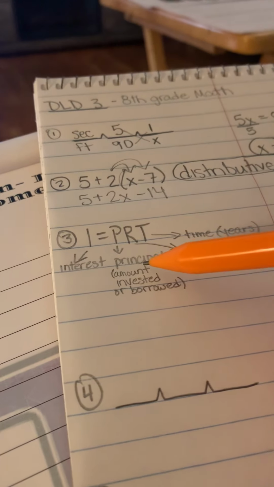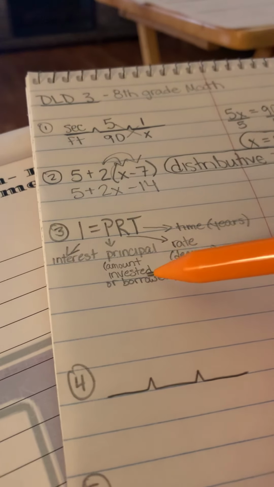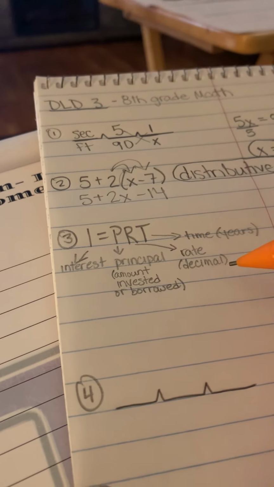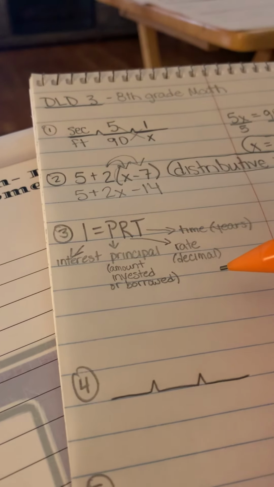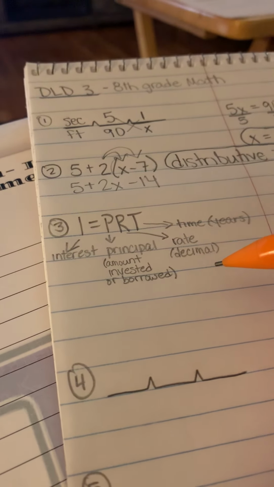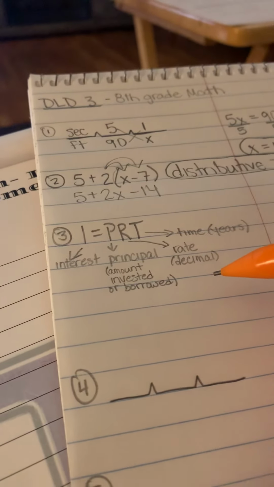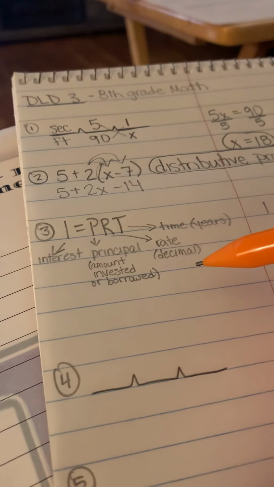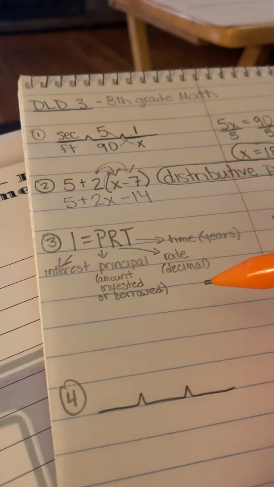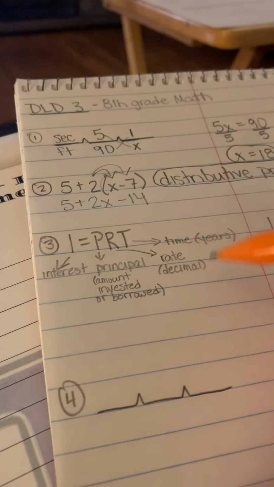So principal is going to be the amount invested or borrowed. Your rate will always be in decimal form, and this is a little bit tricky, especially on this question when you see 0.75%. That looks like a decimal, but it's actually a percent. So we have to change that into a decimal.